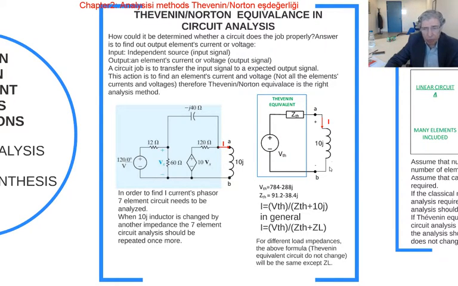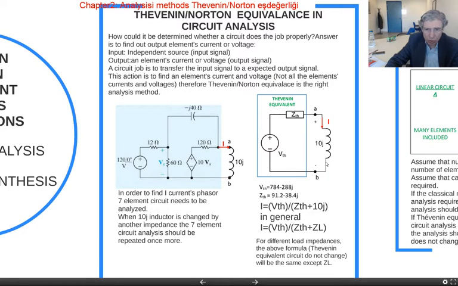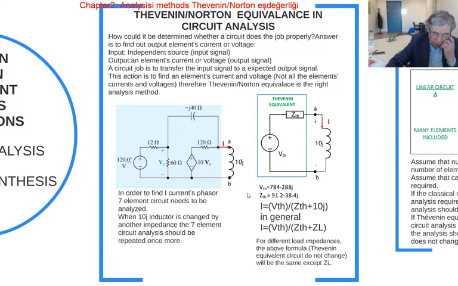Whatever load you put in, you're going to keep these Thevenin voltage and Thevenin impedance values as they are, and only change this. This formula is going to be repeated. So in here, the 7 element circuit analysis should be repeated each time. In here, just one load value should be changed. So that is one of the basic benefits of the Thevenin equivalent circuit.